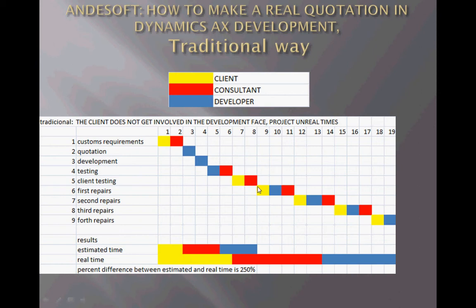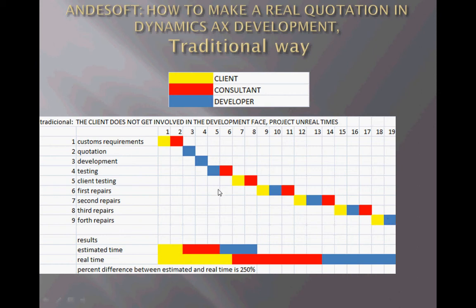At this point, when they get together, they realize that the program doesn't work. So they start to do the repairs. They do the first repair from period 9 to 11, the second repair from period 12 to 14, the third repair 15 to 17, and the fourth repair 18 to 21.